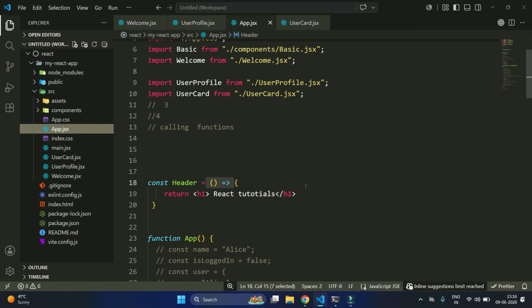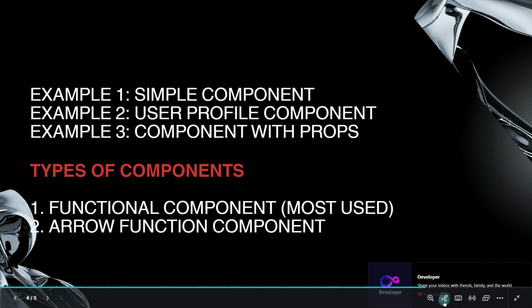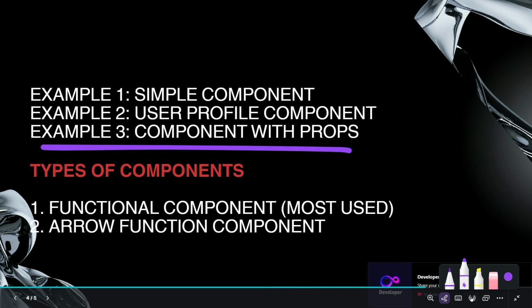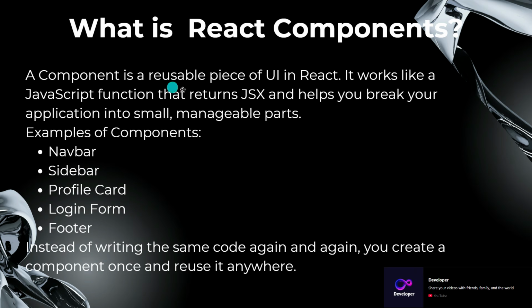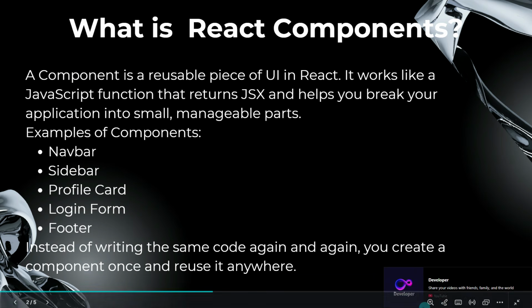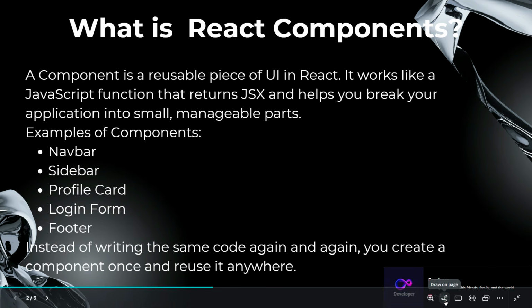And then we have a key point. It is all about your functional component. You know what a functional component is in a very simple way. A component is a reusable piece of UI in React. You already know that we have used the UserProfile component inside 4 times.